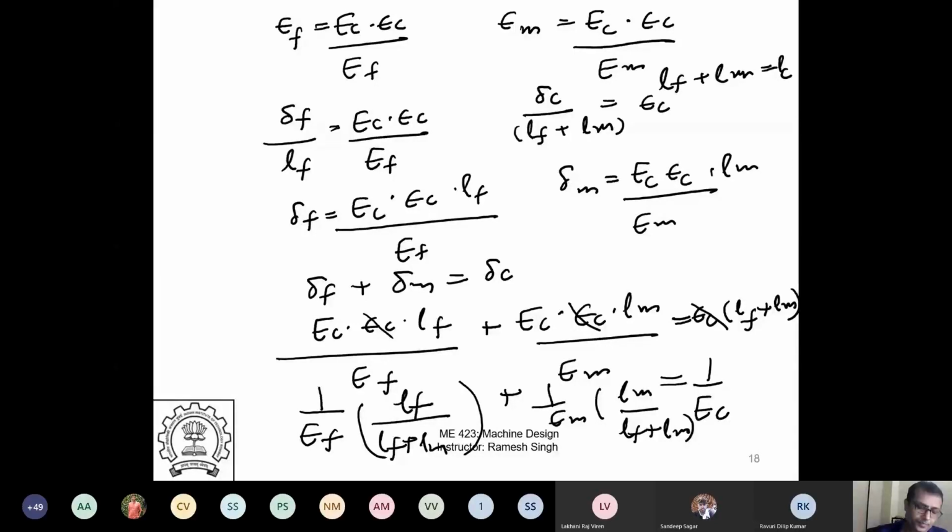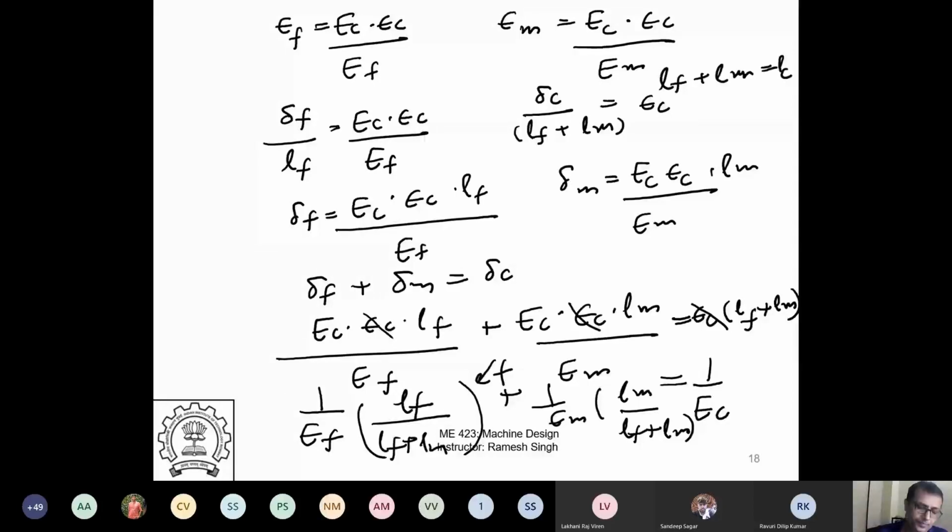Now let me simplify this. LF by LF plus LM is nothing but F, because the length ratio is the volume fraction. And this is 1 minus F.